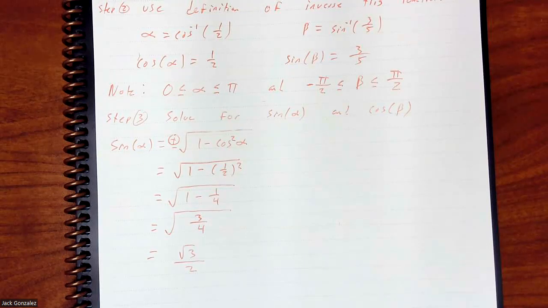Because alpha is within 0 to pi, so sine should be positive there. Okay.